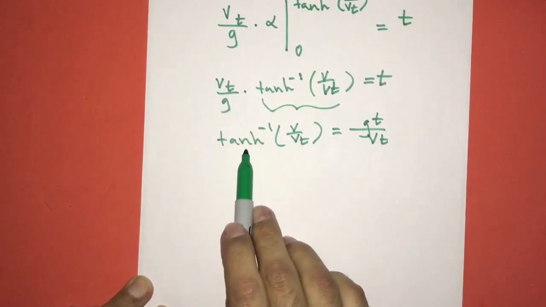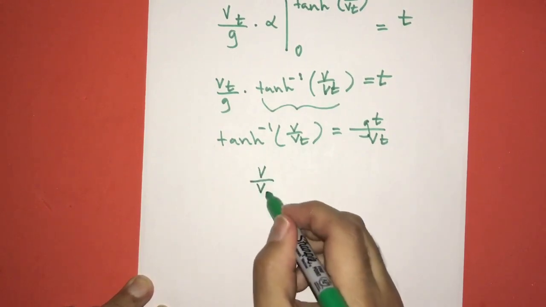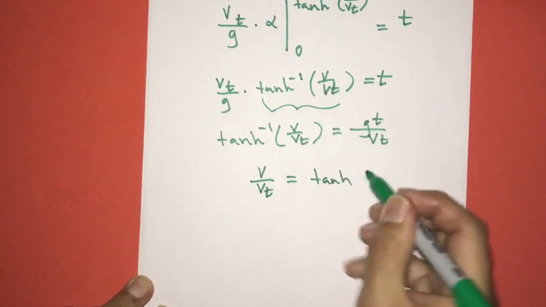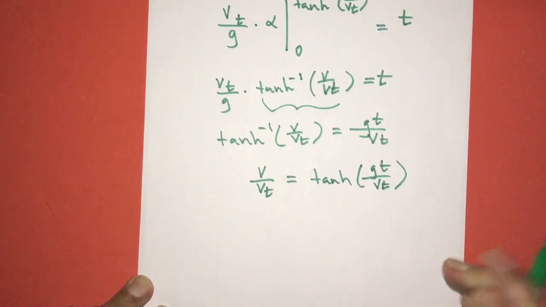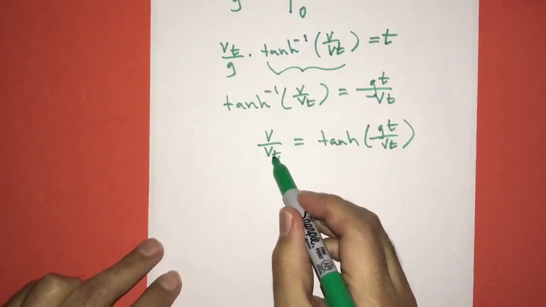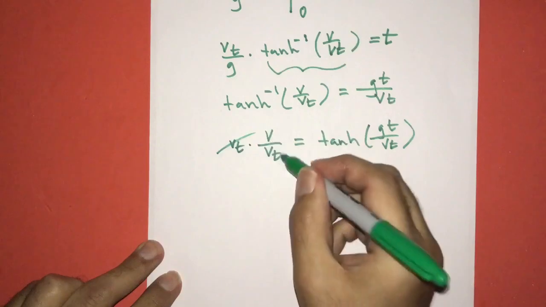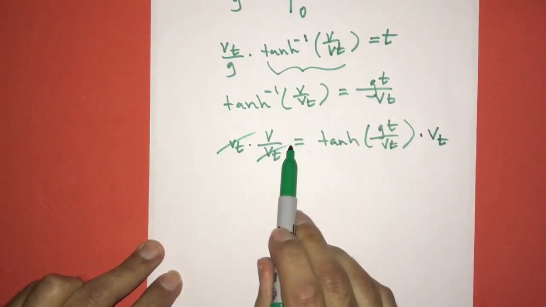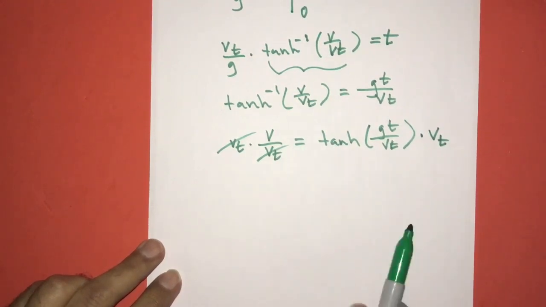If we take the hyperbolic tangent of both sides, we get velocity over terminal velocity equals the hyperbolic tangent of gt over terminal velocity. Now all we have to do is multiply through by the terminal velocity, and we've calculated our velocity at any time t, given that we can no longer neglect our drag force.